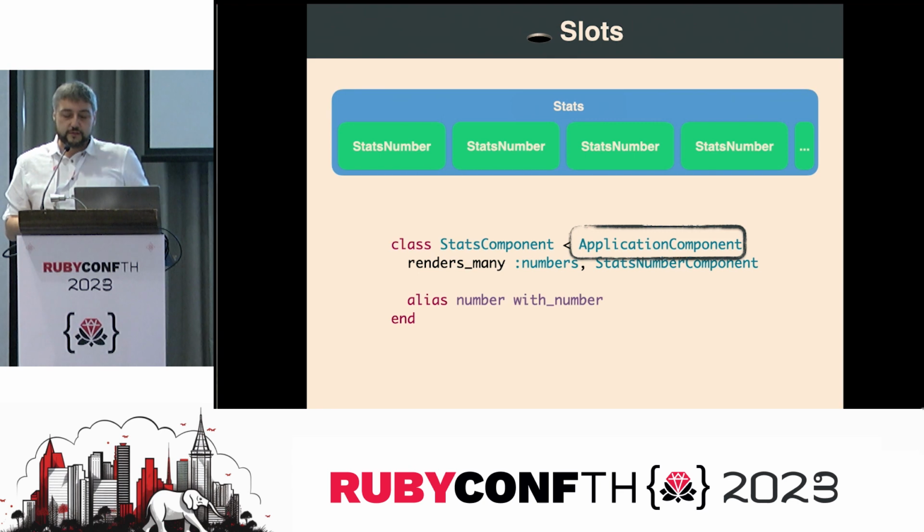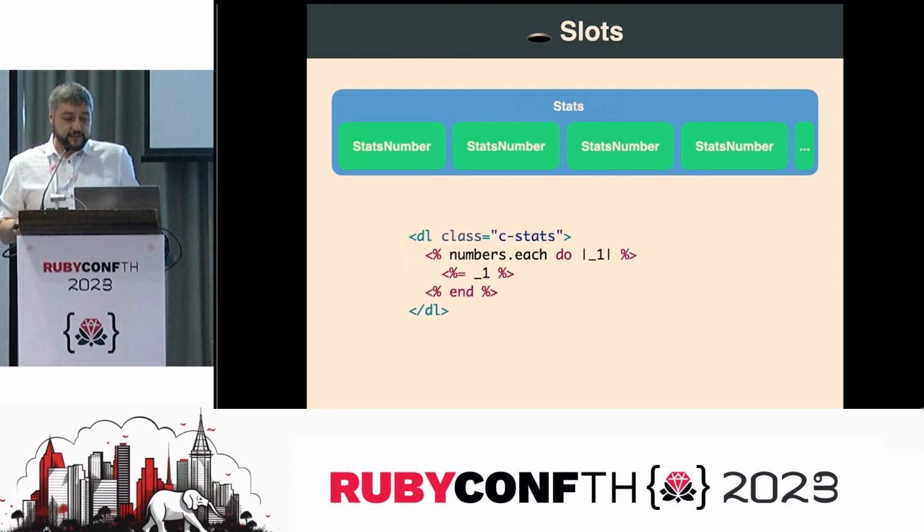Another thing I use in the view components is my root component, which is called the application component, where it's just like a grab bag of useful methods and things like that. And this component per se is very simple. It actually uses one of my favorite new Rails 3 era features, the _1. So it just loops through the numbers and presents them.